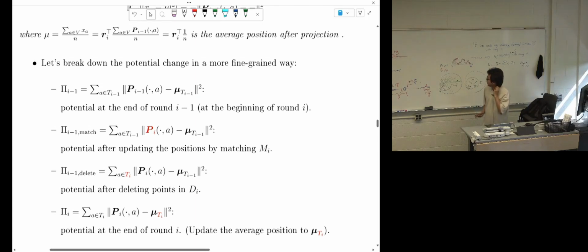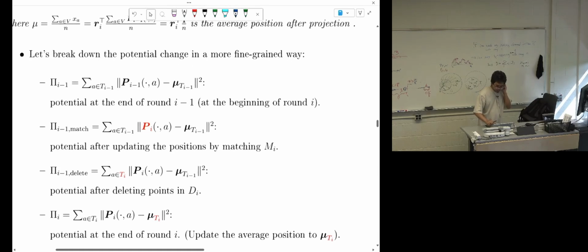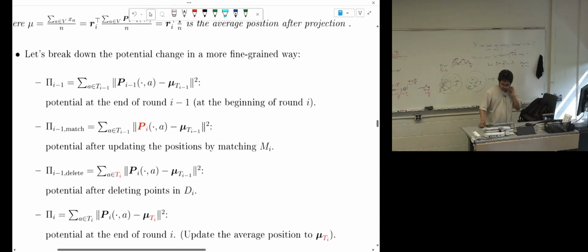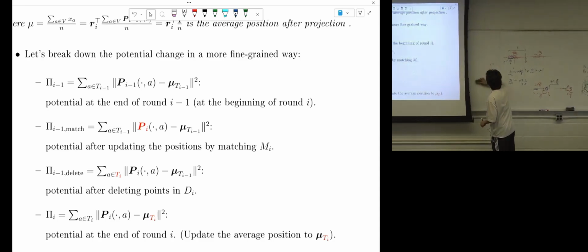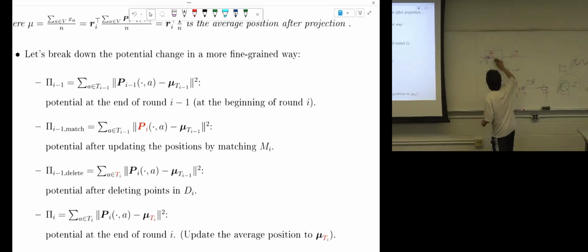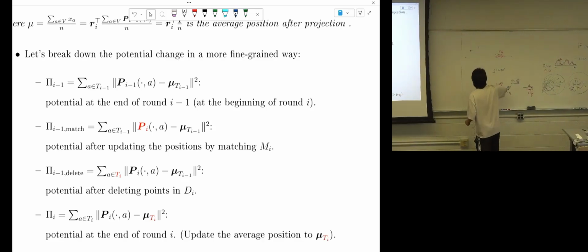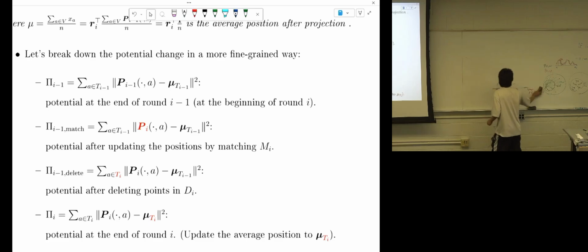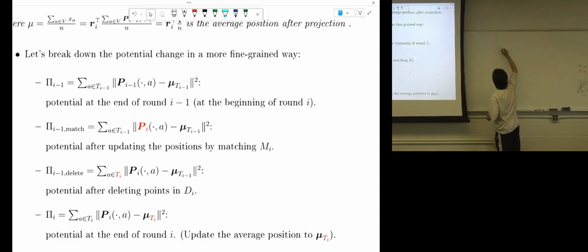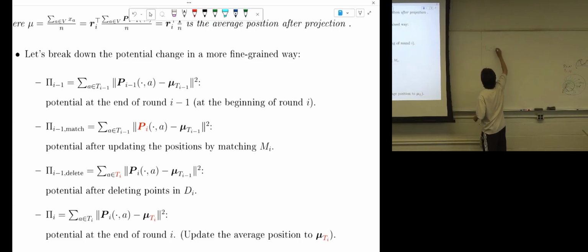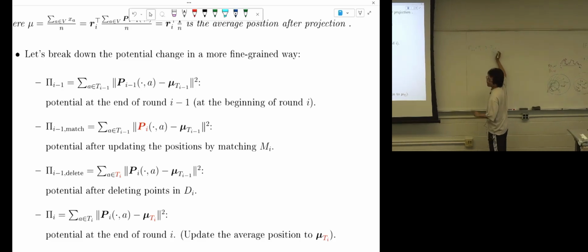we are ready to analyze everything. What we're gonna do is analyze how the potential decreases per round, and the goal is the same: we're gonna say that the potential after round i is something like this thing over log n.